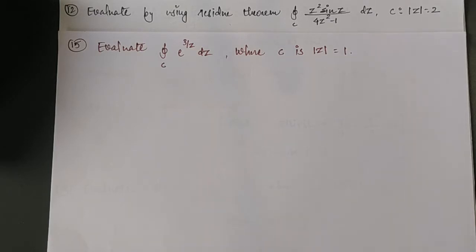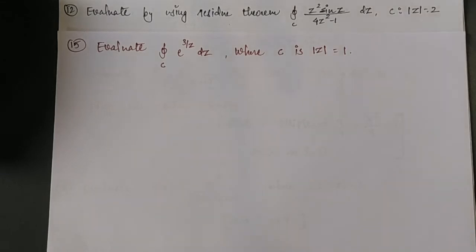Here you can observe that in the denominator there are no factors in which you would find a simple pole or a pole of order m. So from the given function only, you have to find its residue. This example is almost similar to type 1 of residue theory. So let's start with its solution, guys.